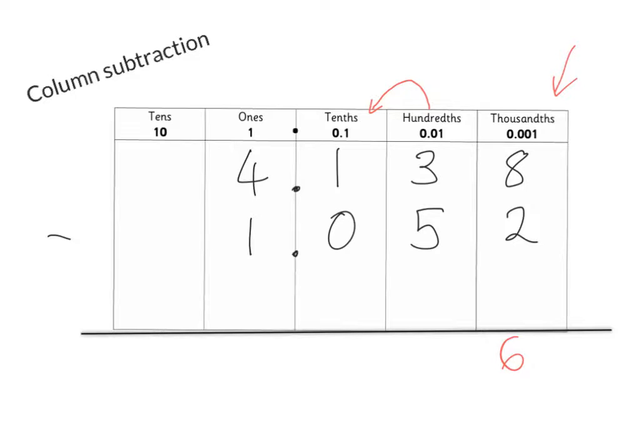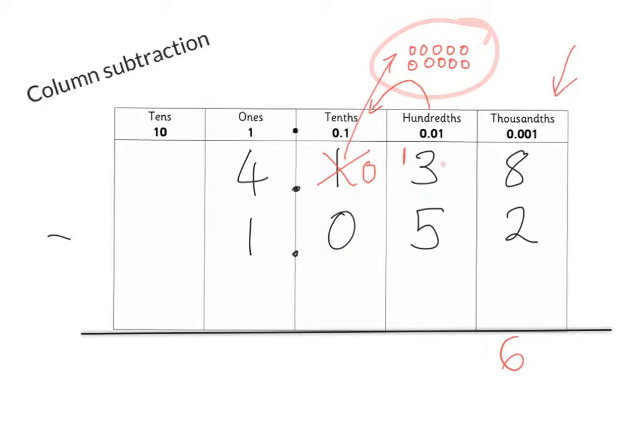1 tenth, like I've just shown you, is equal to 10 hundredths. 1, 2, 3, 4, 5, 6, 7, 8, 9, 10. So I'm going to take away that 1 tenth. So that's now 0, and that 10 is going to come here. So I've got 13 because I've got the 10 that I took and the 3 that's still there. That's why I've got 13 hundredths in that column.